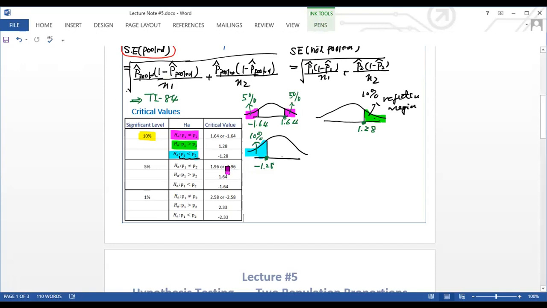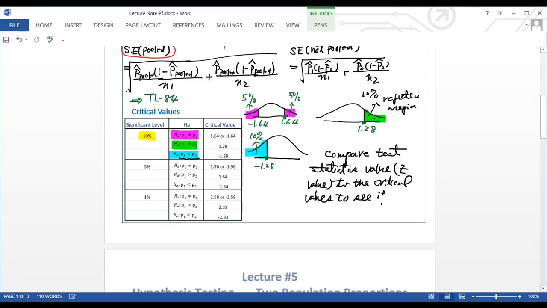If you still remember which value we used to compare, you compare your test statistic value, which here we call the Z value, to the critical value, to see if the Z value lands in the rejection region.